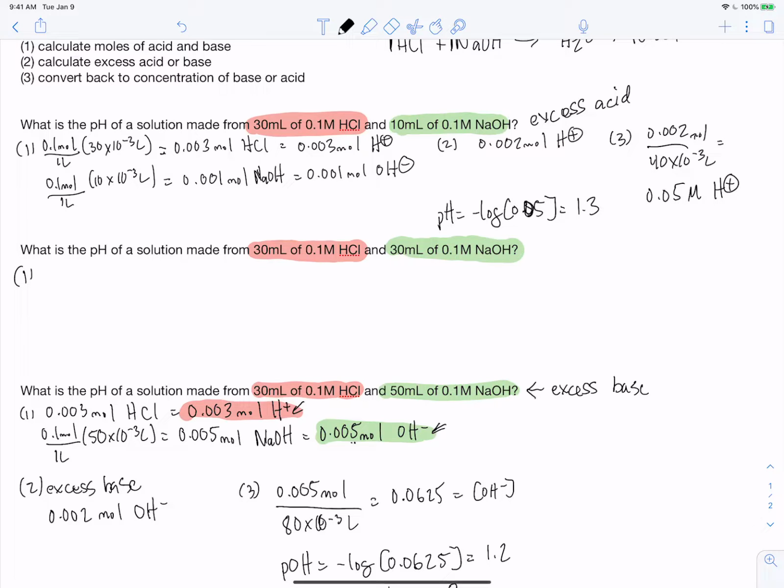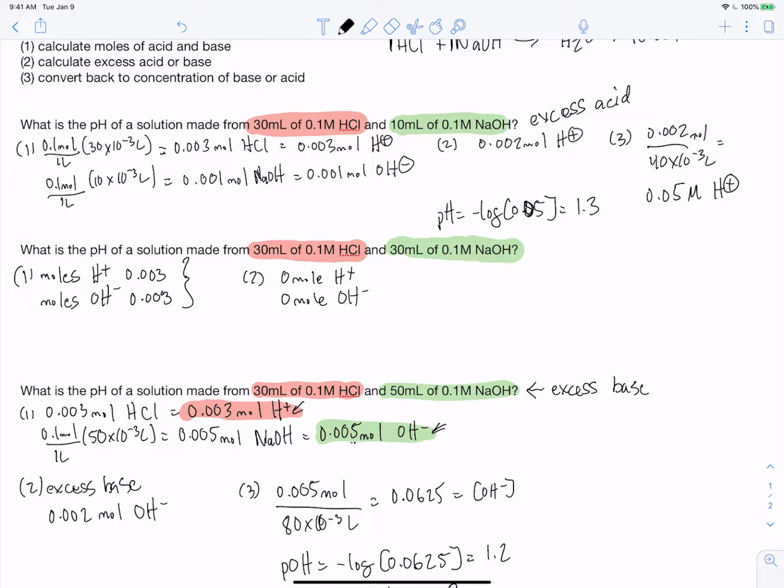If you went through the first part, you'd find that the moles of H plus is 0.003, and moles of OH minus is also 0.003. And so at the end of the reaction, like in step 2, I have 0 mole H plus and 0 mole OH minus.